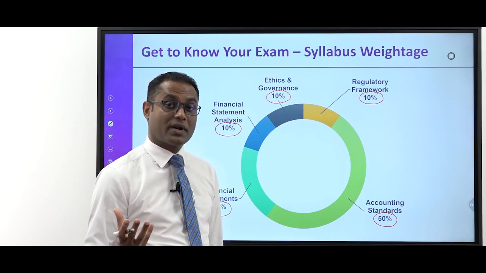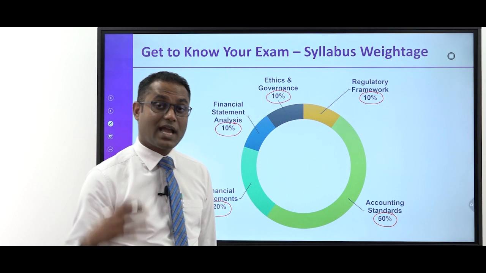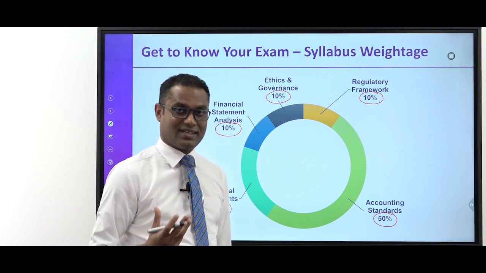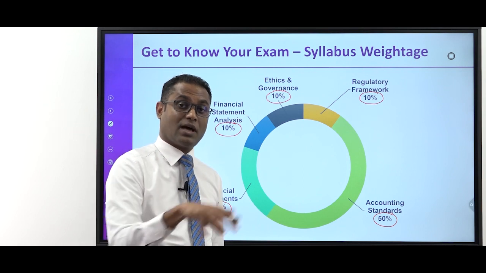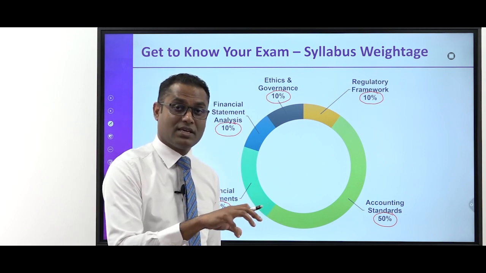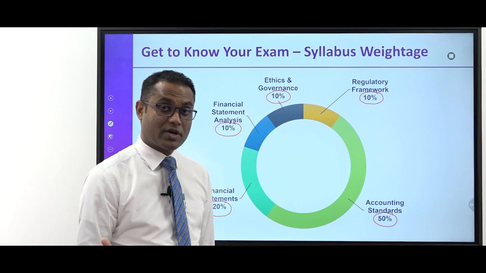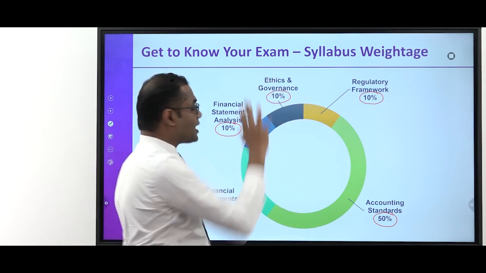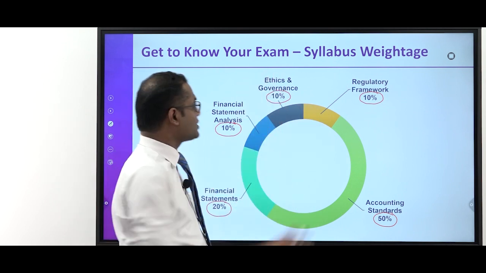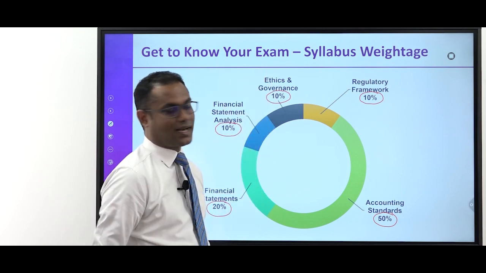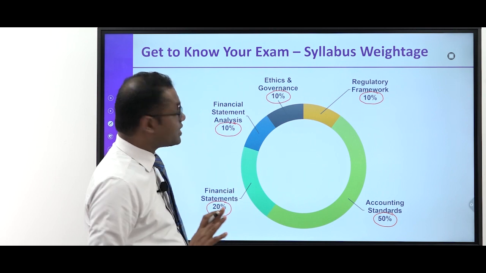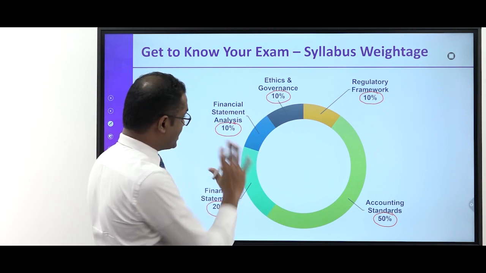There are certain corporate governance aspects which are applicable for companies, like how the board composition would be, and what the subcommittees are, like the audit committee and related party transaction review committee. Those things are covered under governance. So ethics and governance make up 10% of the syllabus. This is how your syllabus weightages are.